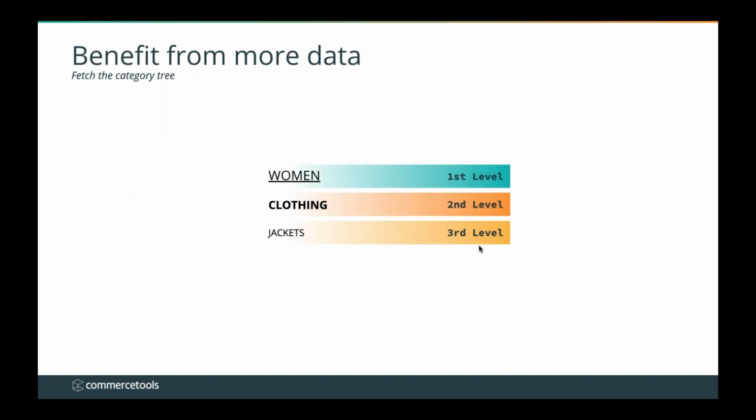Okay, I really like this example because that's something I have suffered in the past. Have you ever tried to make a navigation menu? In a navigation menu, you have to build kind of a category tree in which you have the first level categories, then each one of them has the second level categories, and then each one of these second level has another third level categories. So in the end, yeah, you're building a tree.